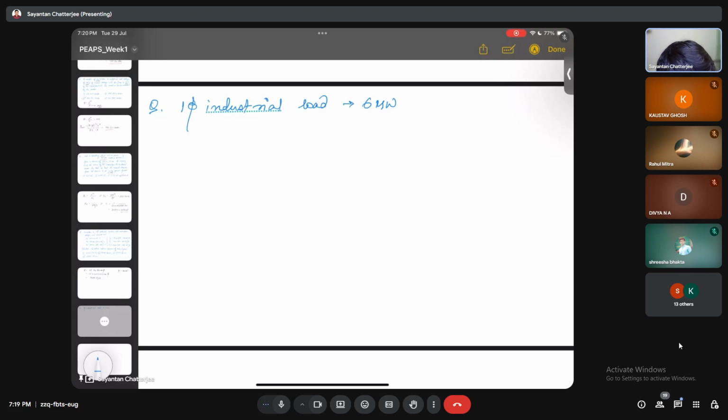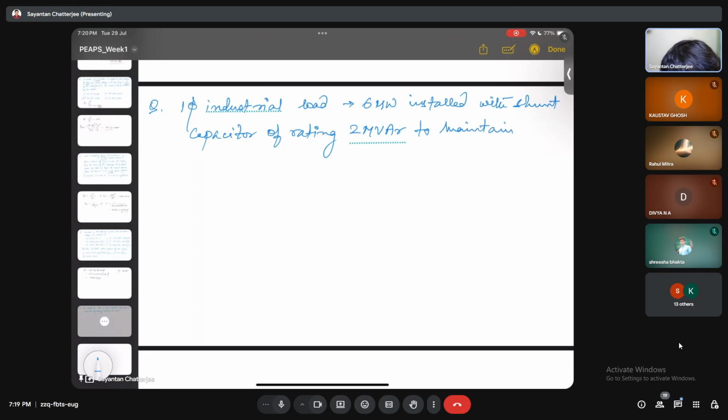Now this is installed with a shunt capacitor of rating 2 MVAR to maintain 0.9 power factor lagging.